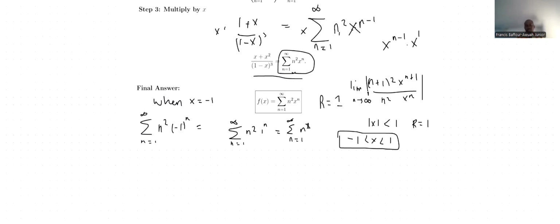Similarly, when x is 1, you're going to get n squared, use the divergence test and you realize that it diverges towards infinity. So this series here is my power series representation of the function that I began with, which is this one right here. And the interval of convergence is this one.